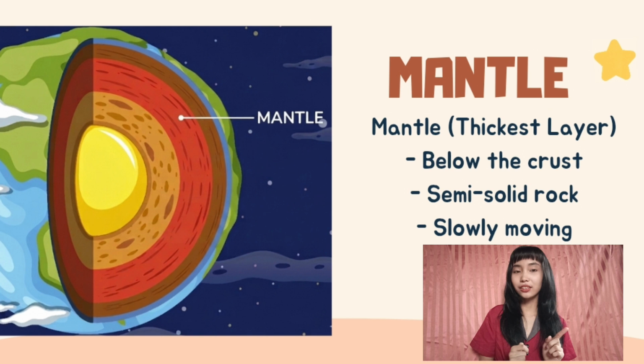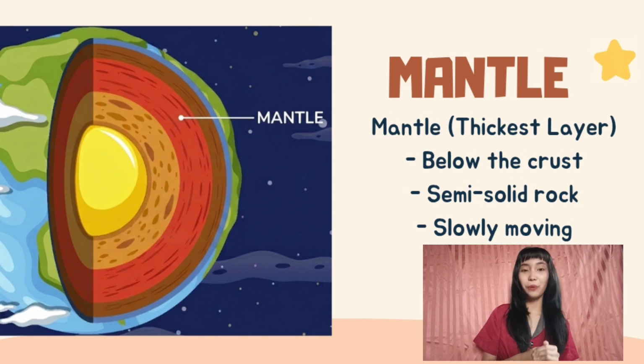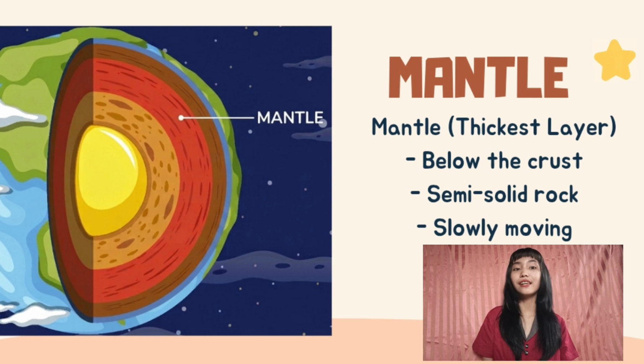And below the crust is what we call the mantle. This is the thickest layer of the earth. Another question. If it is the thickest layer, what do you think it is made of?